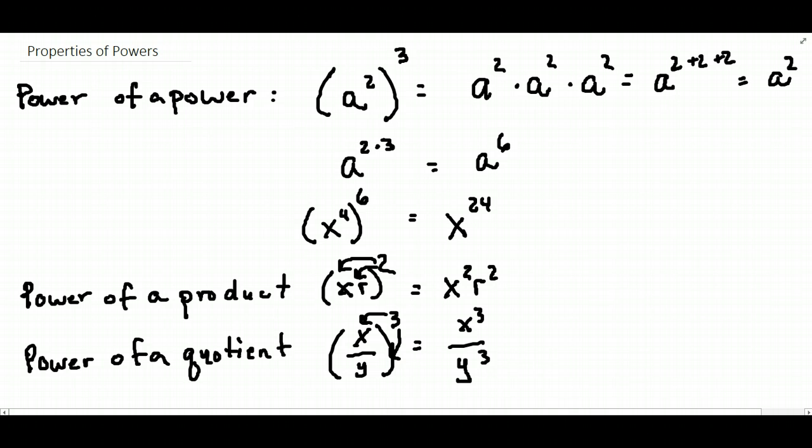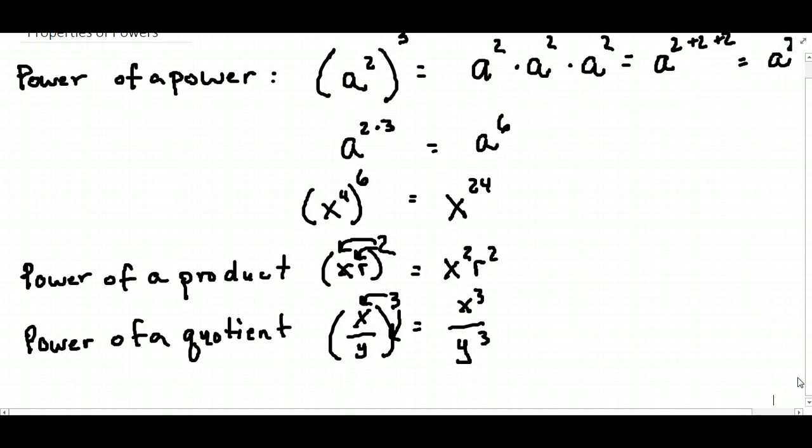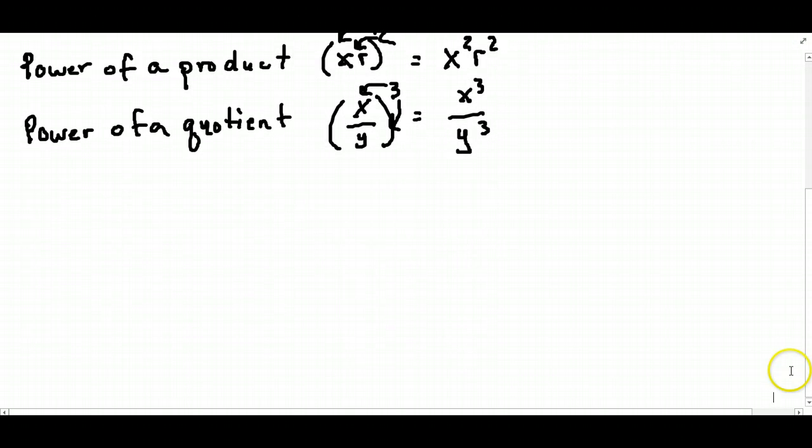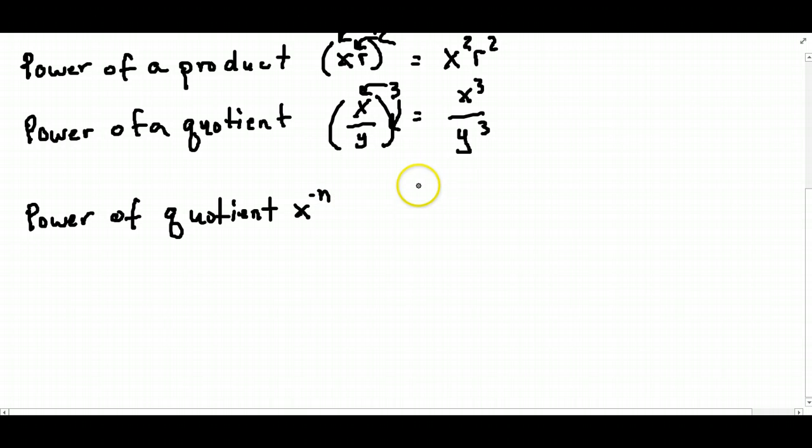Okay, now let's talk about if you have a negative exponent. So power of a quotient with a negative exponent. Let's do the same thing. We have open parentheses, x over y, close parentheses, raised to the negative third power.